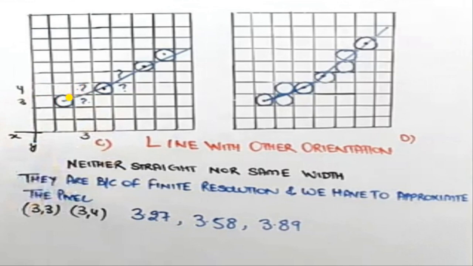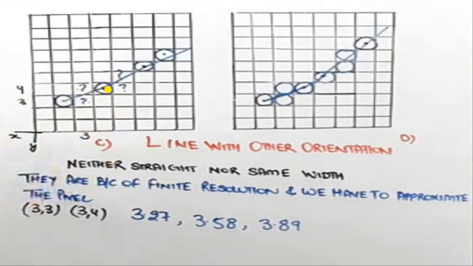So the line will come like this. This is the first line, this is the second line, this is the third line. You can see that the points are after 3, not 2. So 3.27, 3.59, 3.58, 3.87. This is the third line, and this is the fourth line. So 3 point means it is coming after this line only.